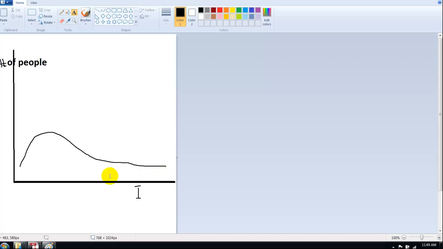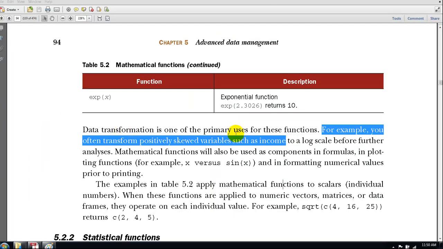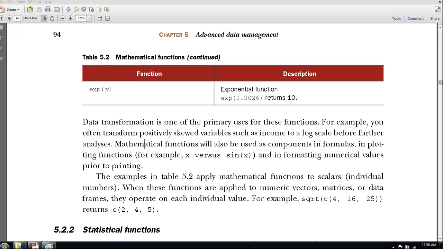If you remember what logs do, they make large numbers, in a sense, not as large. But anyway, we'll often take the log of positively skewed data. So he says, for example, you can often transform positively skewed variables such as income to a log scale before further analysis.